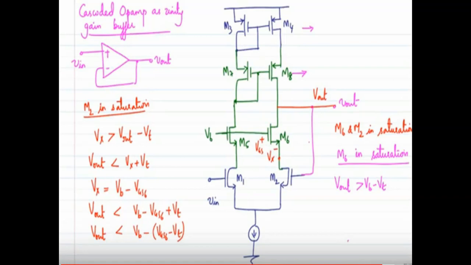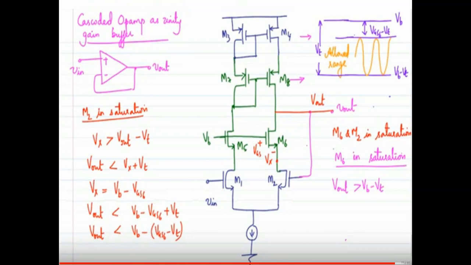So Vout must be greater than Vb minus Vt for M6 in saturation, and Vout must be less than Vb minus VGS6 minus Vt for M2 in saturation.